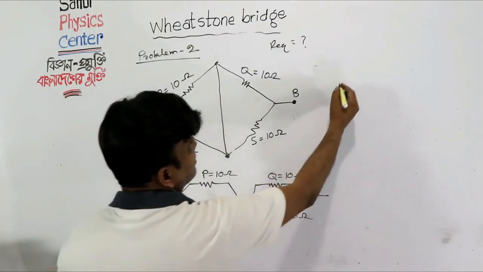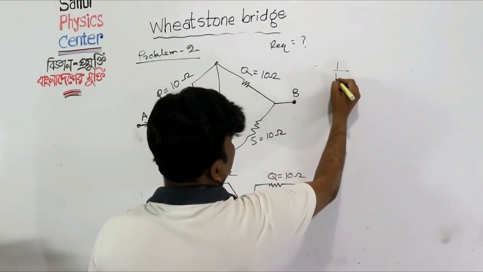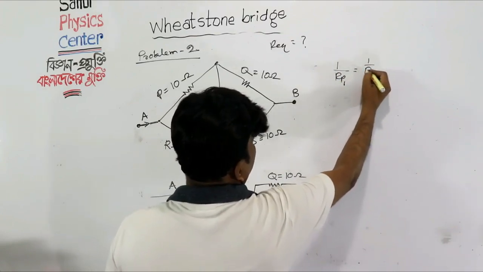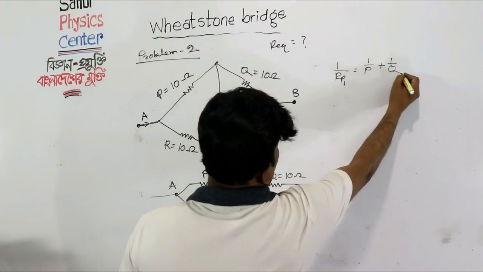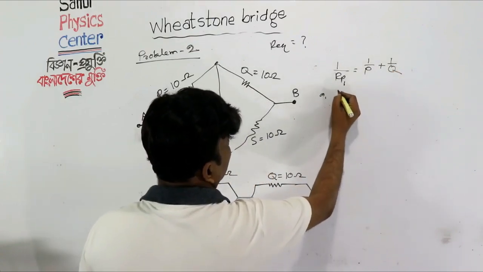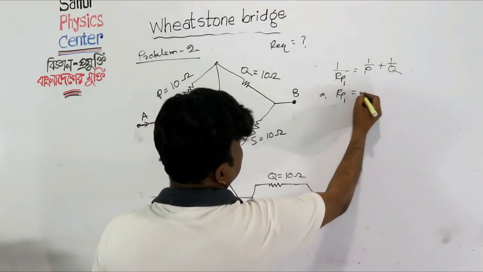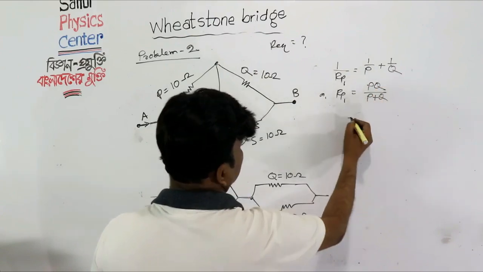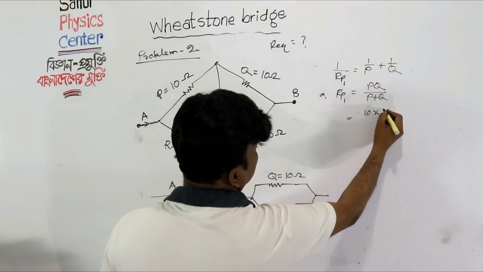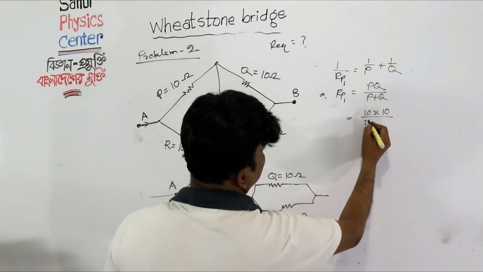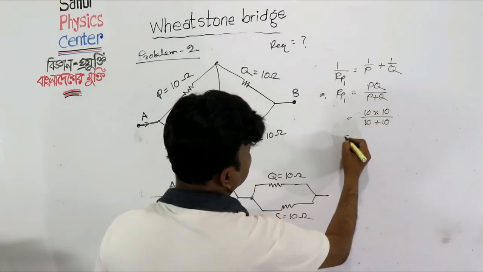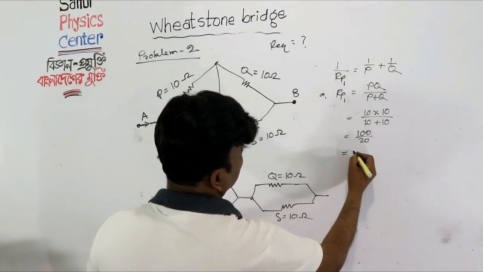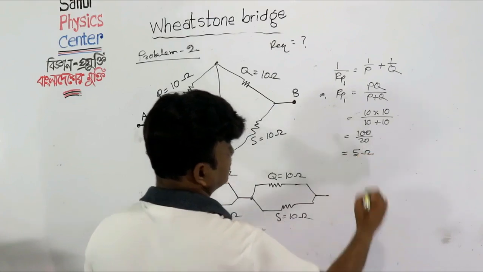As they are parallel, 1 by Rp1 equals 1 by P plus 1 by R, or Rp1 equals PR divided by P plus R. The value of P is 10, R is also 10, and here 10 plus 10. So we get 100 divided by 20. So we get 5 ohms here.